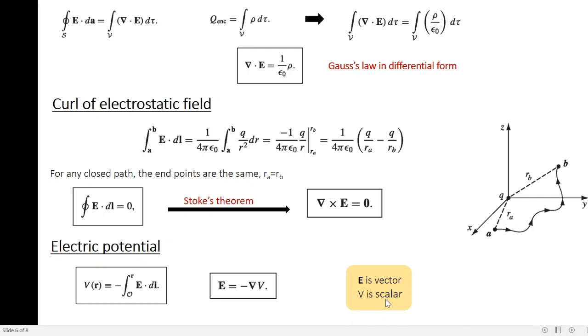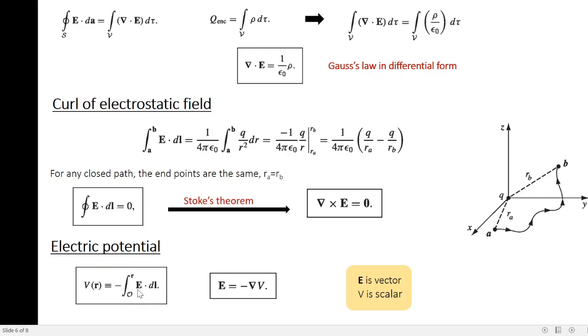So this was the motivation behind the introduction of the electric potential concept, and the electric potential at a given point is defined as negative integral from a reference point O to the point R integral E dot dl. Now let's try to understand what is the physical meaning of this. Electric field is nothing but force per unit charge.